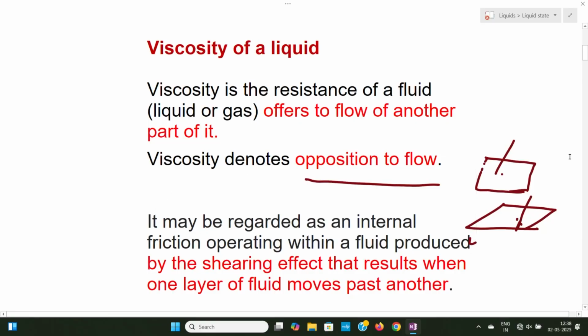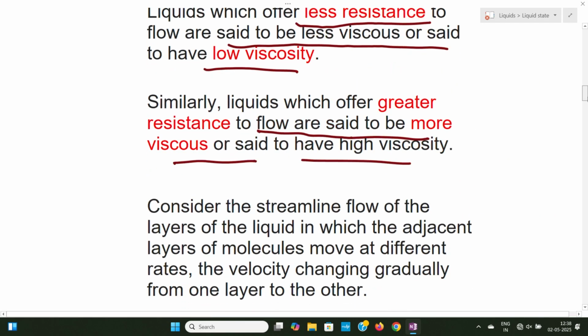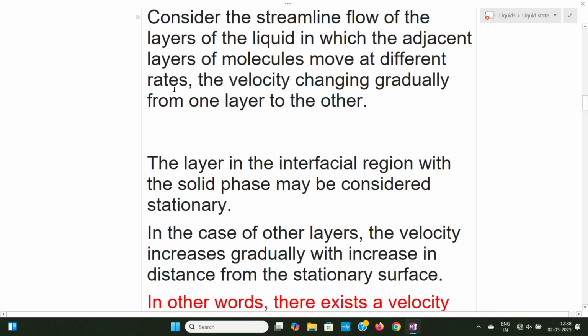Then we saw the example of the streamline flow. If we consider the fluid as different layers, the velocity of the layer adjacent to the solid surface will be zero, and as we proceed to the center of the tube, the velocity increases. The center of the tube has the maximum velocity, because the velocity is decreased by the opposing force, or the internal friction, of the adjacent layer.